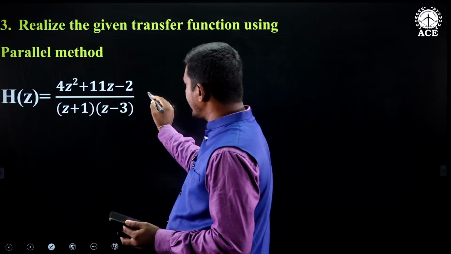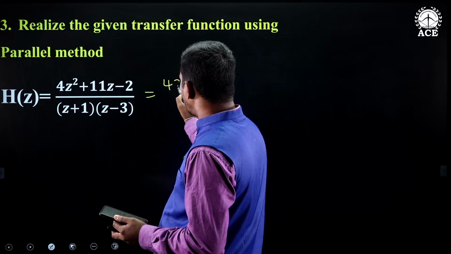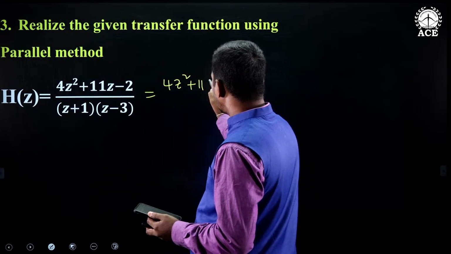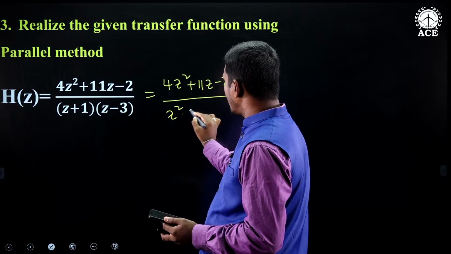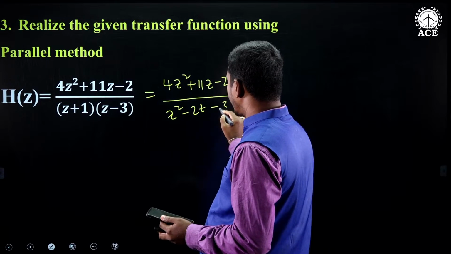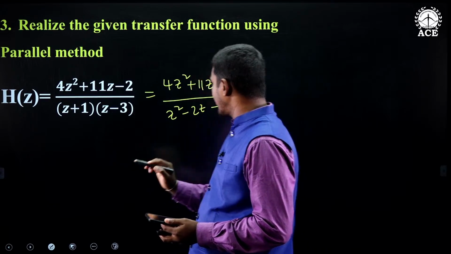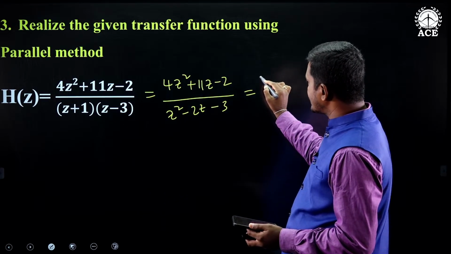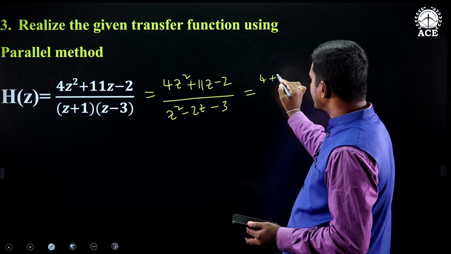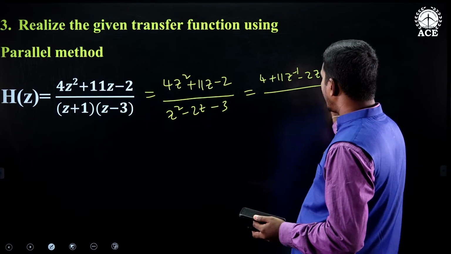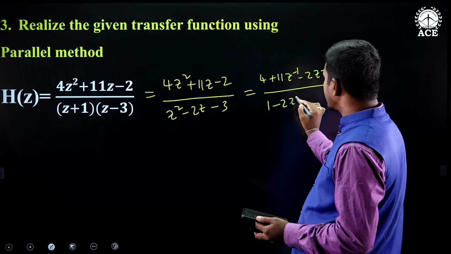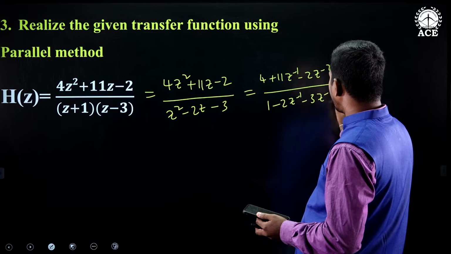First, this equals 4z square plus 11z minus 2 by z square minus 2z minus 3. After that, write this as 4 plus 11z inverse minus 2z power minus 2 by 1 minus 2z inverse minus 3z power minus 2.